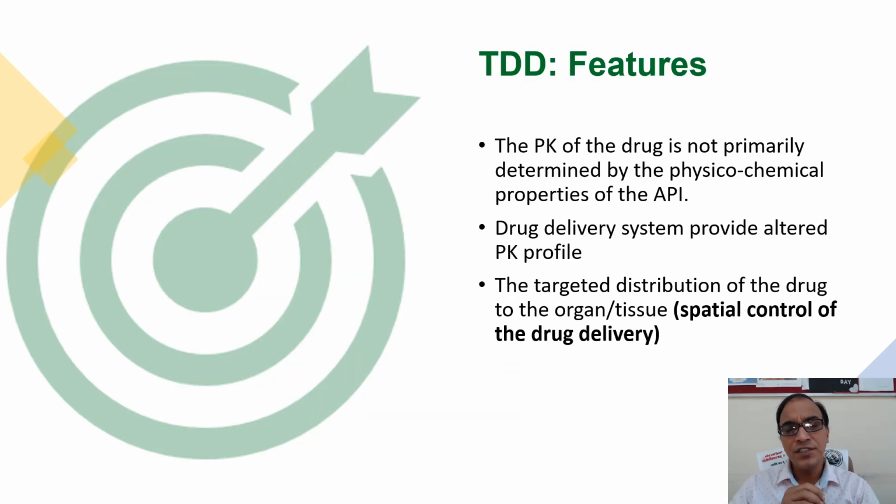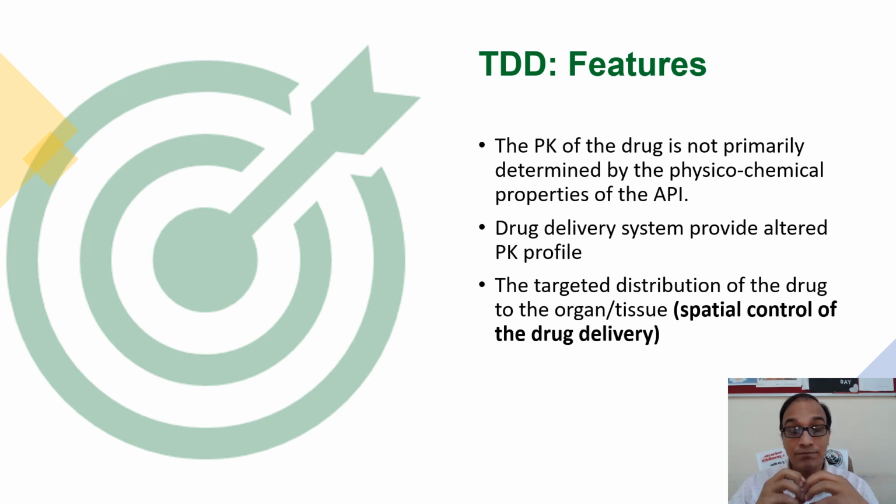Continuing with the features, in targeted drug delivery, the pharmacokinetic (PK) of the drug is not primarily determined by the physicochemical properties of the API, because we have designed it in such a way.